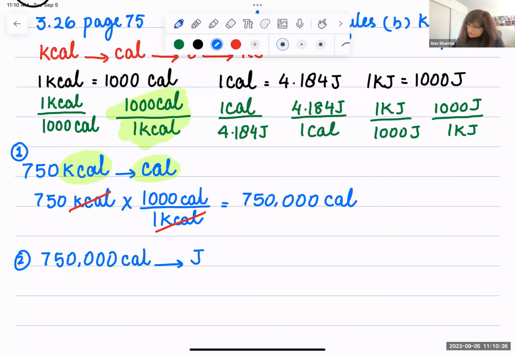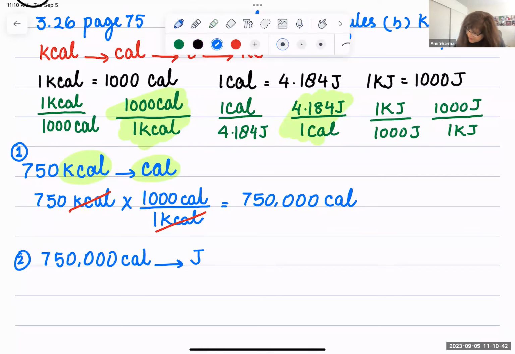Second. Very good. We are going to use the second one because it places the joules in the numerator and the calories in the denominator.